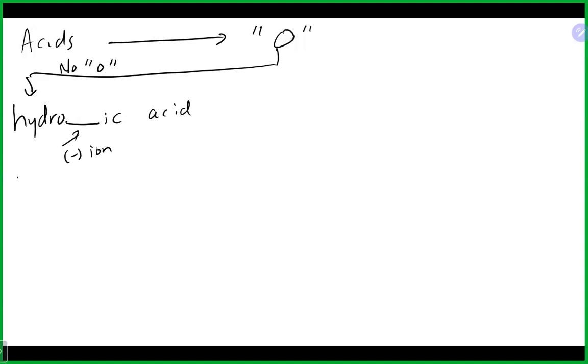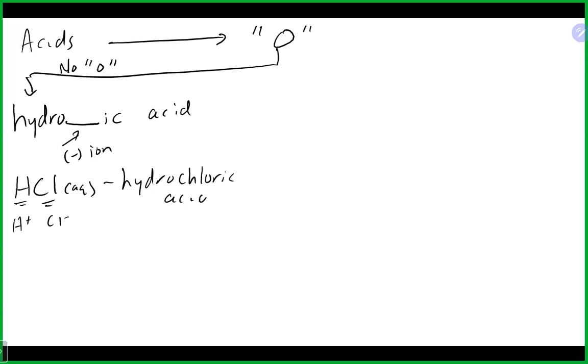So for example, if I have HCl, this is an acid. This is H plus and Cl minus. There's obviously no oxygen involved, so this would be hydrochloric acid, again from the chloride here.